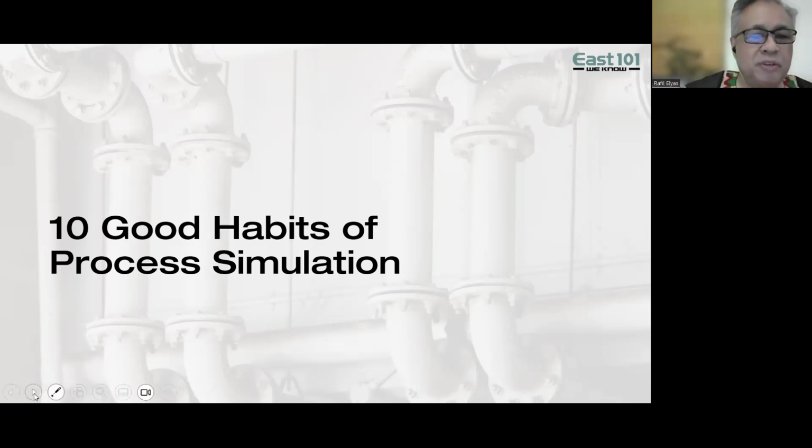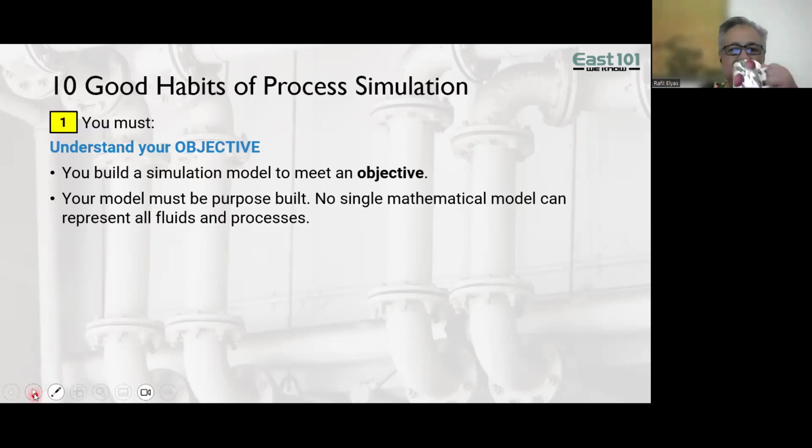So let me start off with 10 good habits of process simulation. Good habit number 1, one of the most important things to do: understand your objective. You build a simulation model to meet an objective. No surprises there. One thing we need to understand is that your model is always going to be purpose-built.